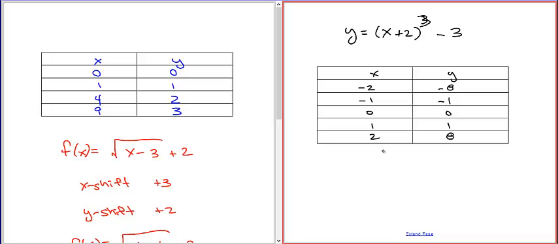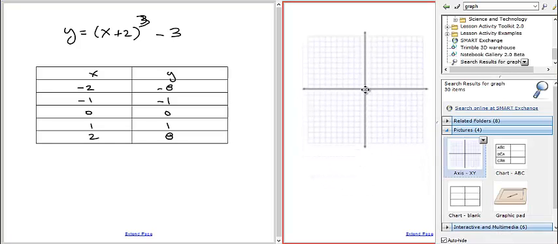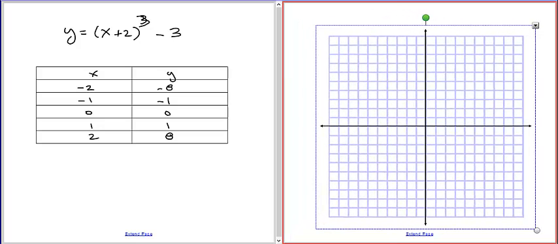So if you plot that, the parent function is going to be (negative 2, negative 8), (negative 1, negative 1), (0, 0), (1, 1), and (2, positive 8). And it's very close to the y-axis for this scale.